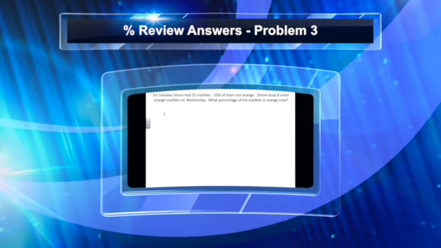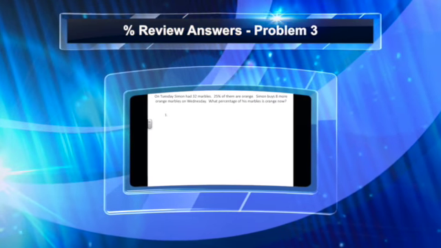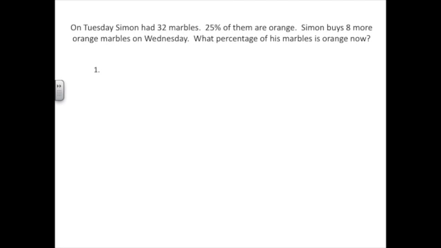Let's go over the last problem on our handout now. On Tuesday, Simon had 32 marbles. 25% of them are orange. Simon buys 8 more orange marbles on Wednesday. What percentage of his marbles is orange now? Now first I need to find what is 25% of 32.